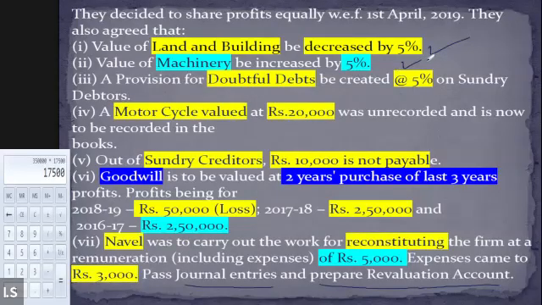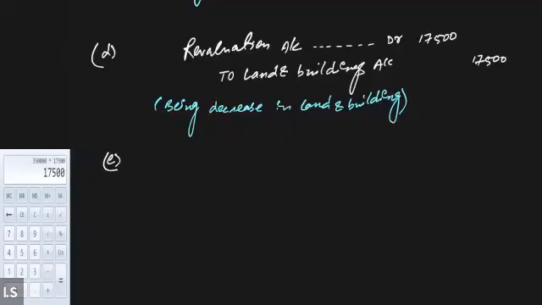So the journal entry will be, we'll write down the value later, but first of all, let's pass the journal entry. In that case, machinery account will be debited to the revaluation account.